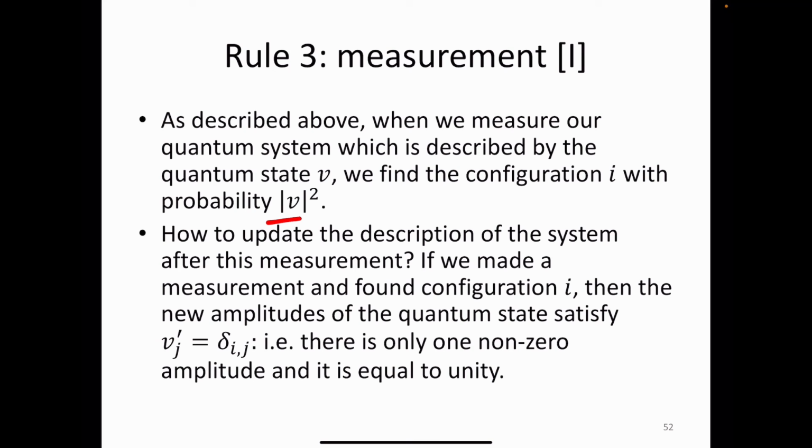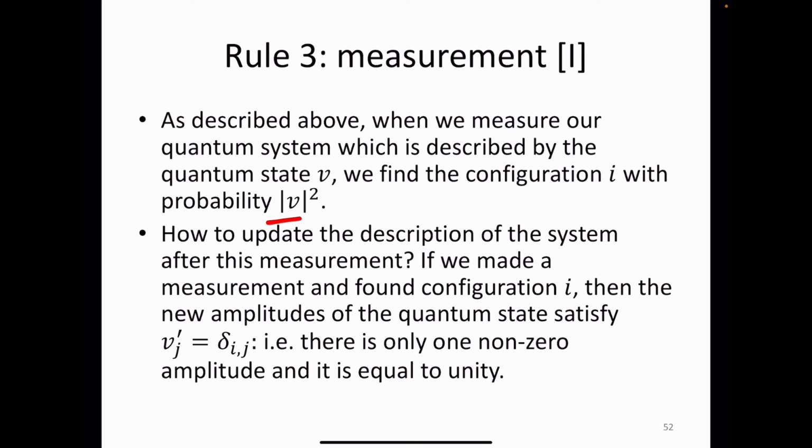If we made a measurement and found the configuration I, the new amplitudes of the quantum system must satisfy the condition that V sub I prime is delta ij, which means there is only one non-zero amplitude that is equal to unity.